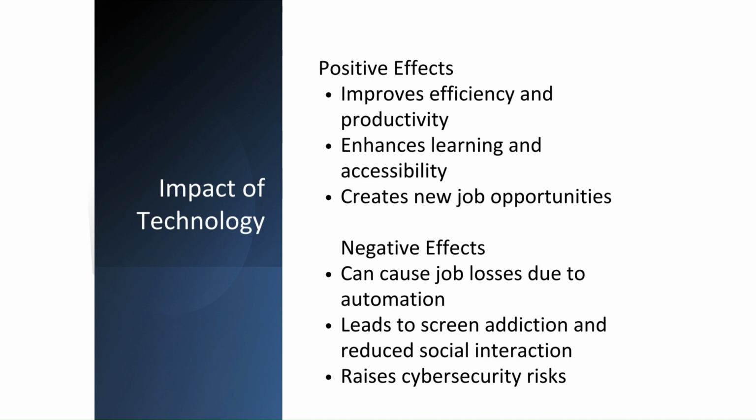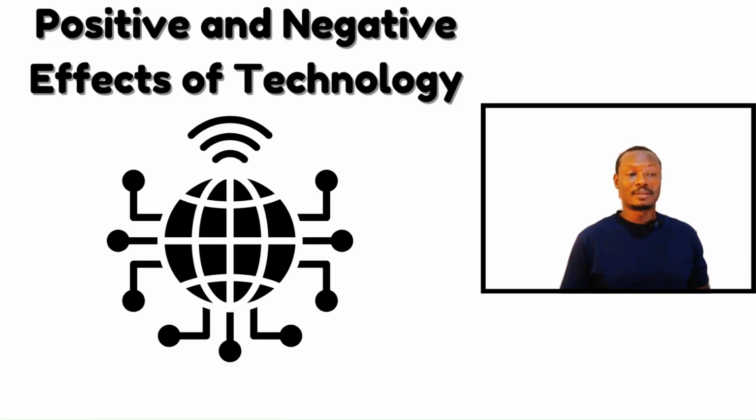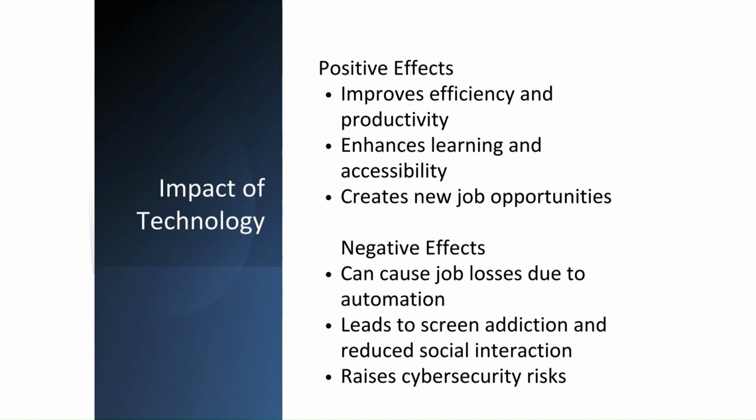Children may spend too much time playing video games instead of going outside, which is very bad. People now focus on social media instead of talking to family and friends.